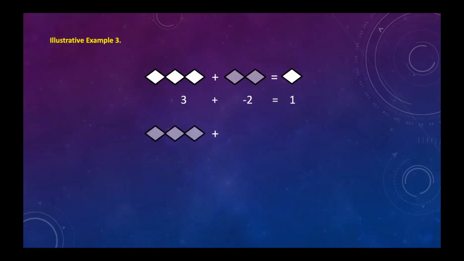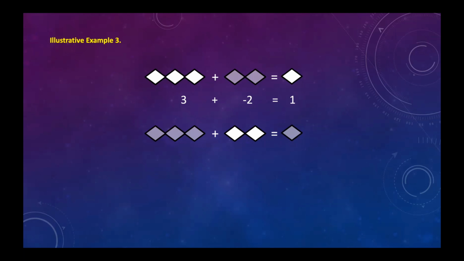Okay, example number 3. You have 3 plus negative 2 is equals to 1. The same as if you have negative 3 plus positive 2, ano sagot? It's negative 1.